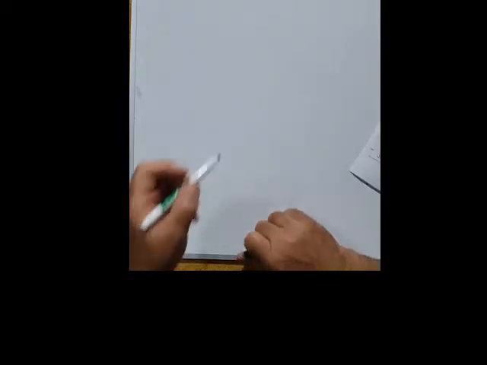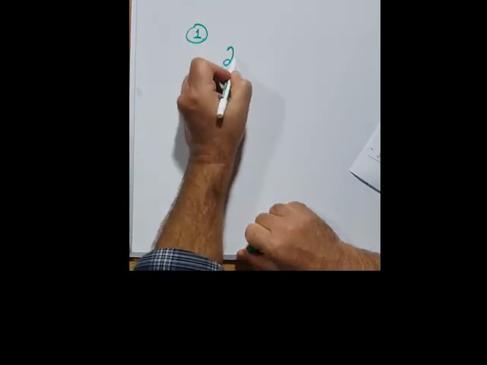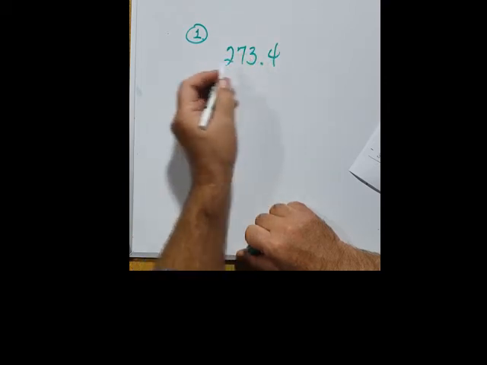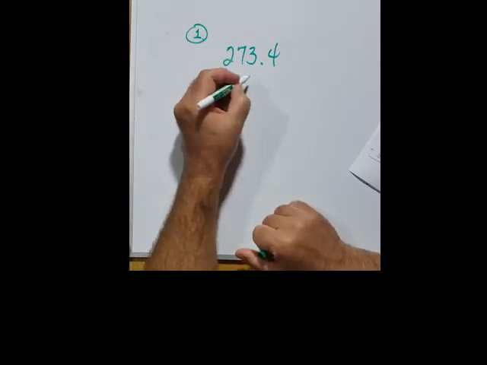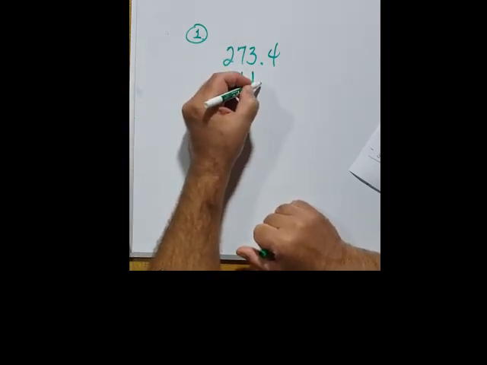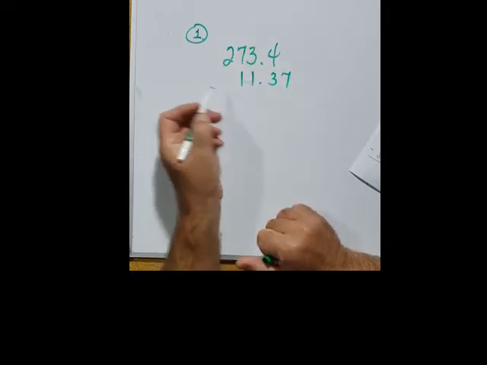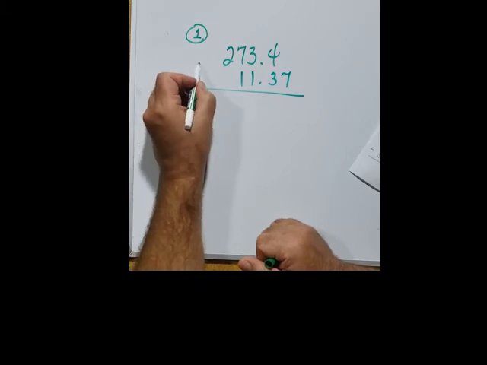Let's do problem number 1, which is 273.4. Again, let's say that's maybe seconds. We're measuring time for some reason. And then some other event that we measure, 11.37 seconds, for whatever reason. We wanted to take these two time measurements and add them together.